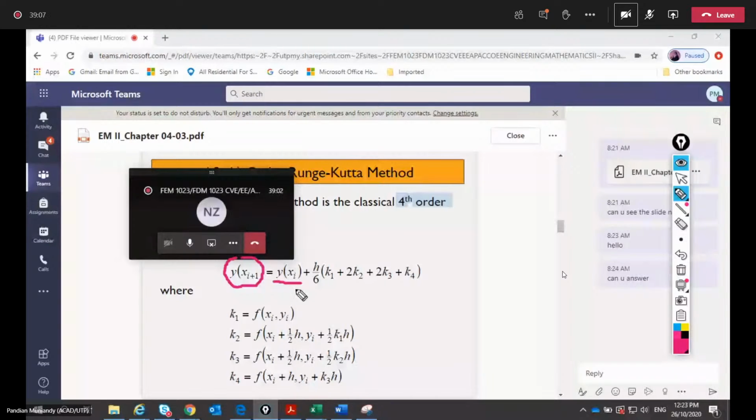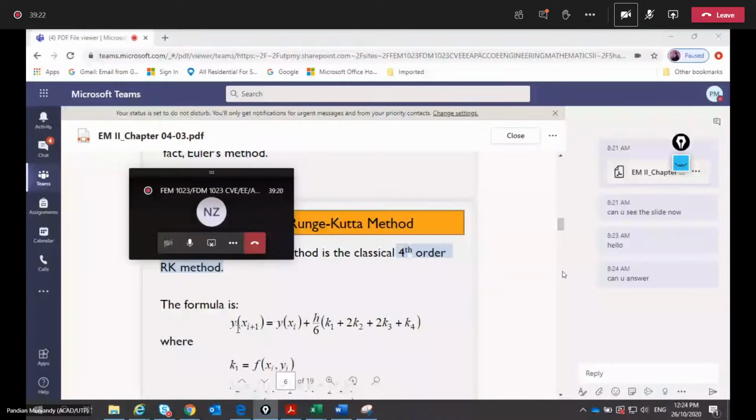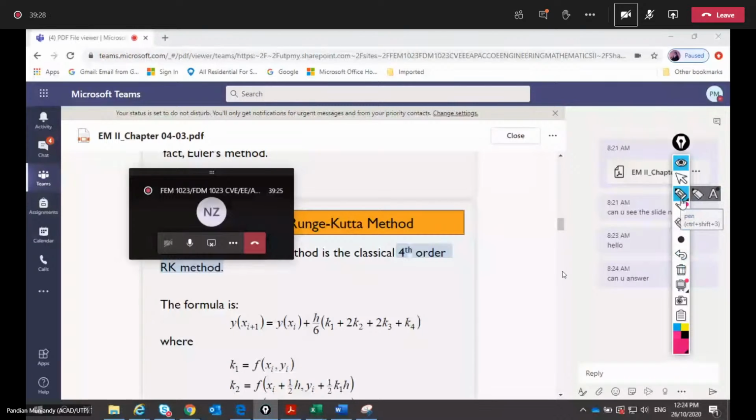Of course, the theory here is not very much. The important thing is the formula. You just have to know this equation. That's all.